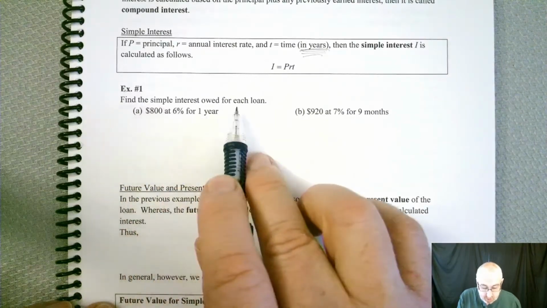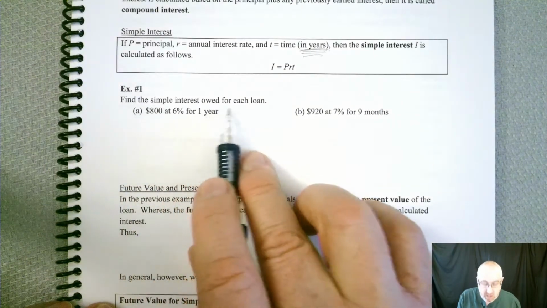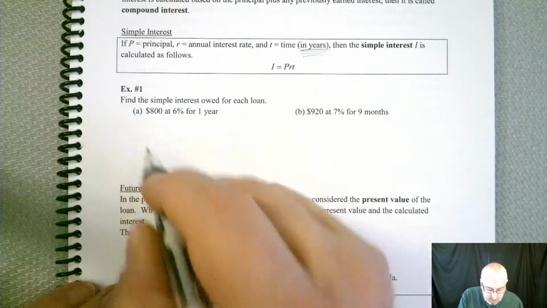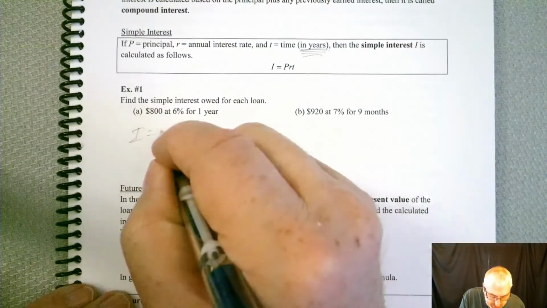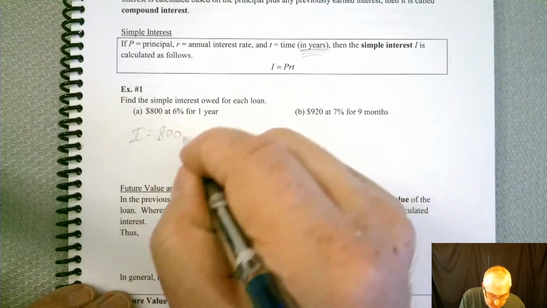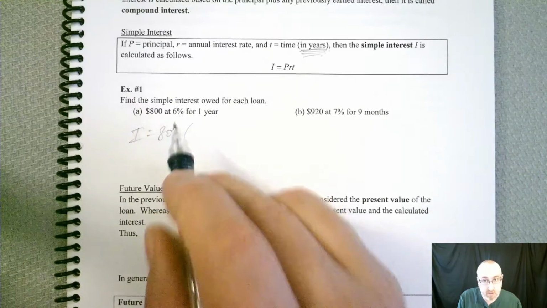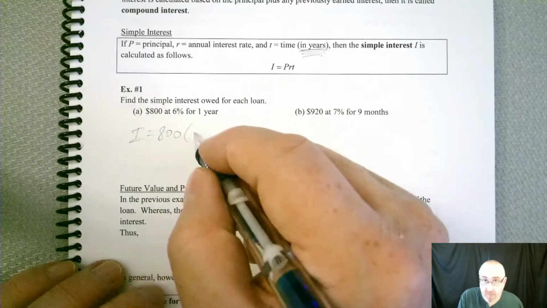All right, so let's start with the first one. Find the simple interest earned or owed for each loan. In this case, they borrowed the money and then they're going to have to pay it back with interest. So how much interest are they going to have to pay back? If we plug all of our numbers in, we're going to have I equals 800. Now percentages, you're going to have to change those to decimals for this application, every time.